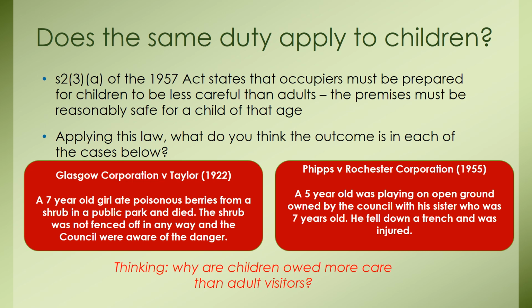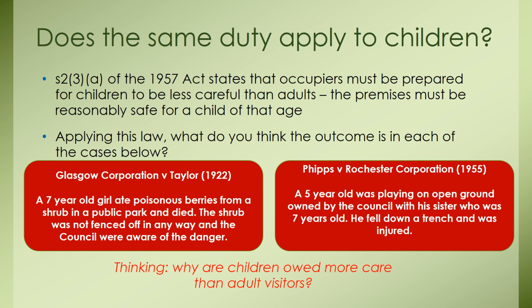It should hopefully help you to remember them when you're writing them out. This section says that occupiers must be prepared for children to be less careful than adults. So the premises, and this is the important thing, must be reasonably safe for a child of that age. So please highlight or underline reasonably safe for a child of that age.